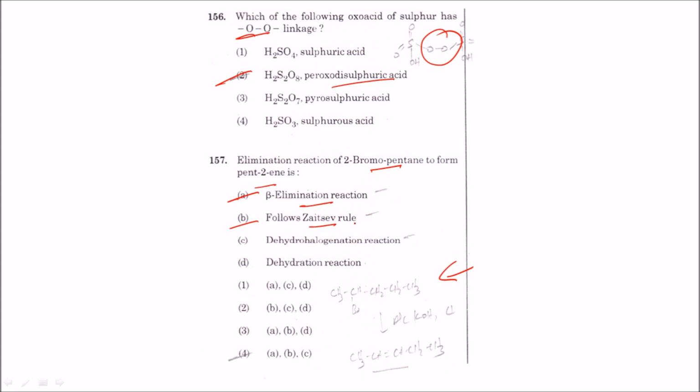This is a dehydrohalogenation reaction also, because we are removing one hydrogen and one halogen, but it is not a dehydration reaction. So we can opt for the right answer here, A, B and C. So the right option is the fourth one.